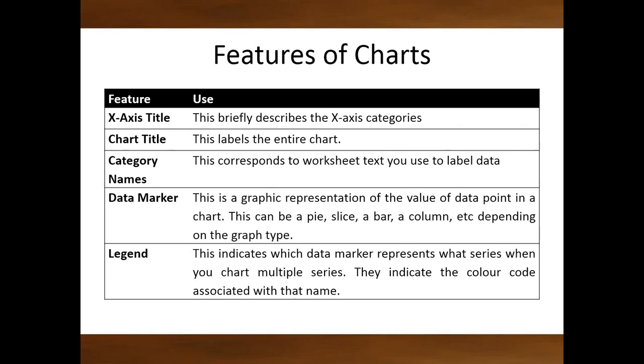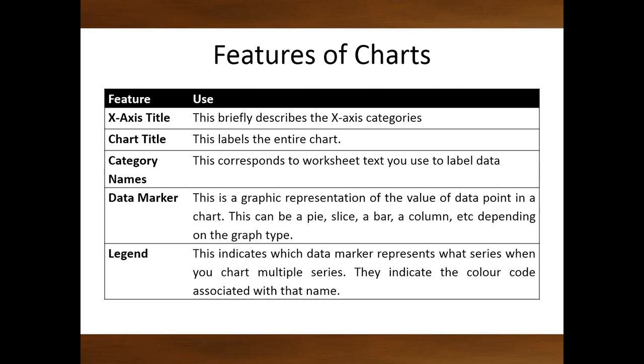The next feature is the data markers, and these are graphic representations of the value of a data point in a chart. That is what we use to represent the value on the graph.